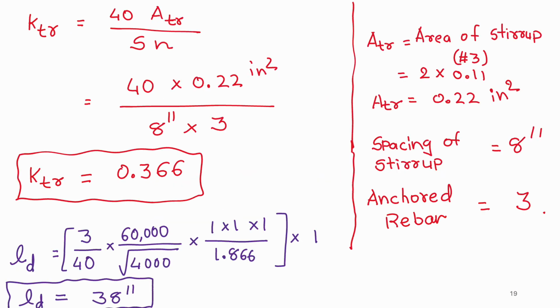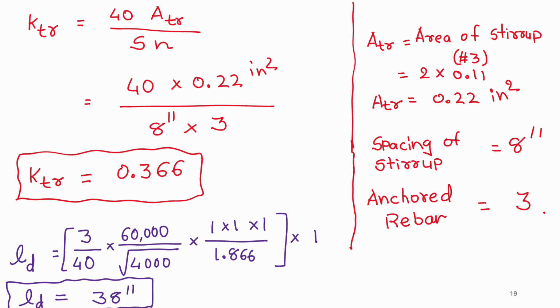Then how to determine Ktr, that is 40 times area of the stirrup, which is 2 times 0.11, since we have 2 legs and we have number 3 stirrups. Again, we have 40 times 0.22. Spacing of stirrup is given to us to be 8 inch, and we have number of anchored rebar, which is given to be 3. So that is Ktr 0.366.